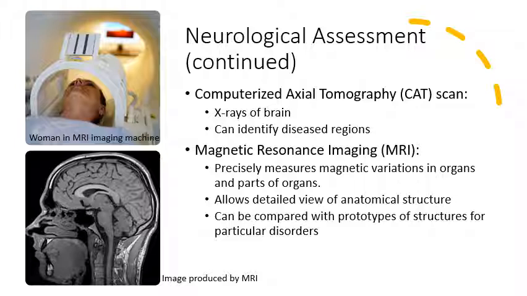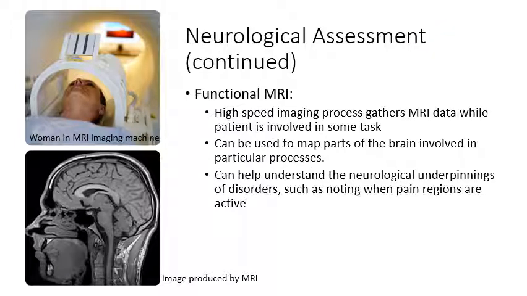So the fact that we can now get these really detailed images allows us to see the whole anatomical structure. And just like in the MMPI, we can compare it with prototypes of structures for particular disorders. So we might know what Alzheimer's looks like in the brain. And so we can compare this MRI with the MRI of someone who's suffering from Alzheimer's. So that sort of thing can happen.